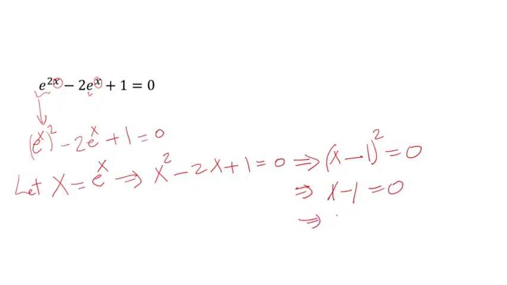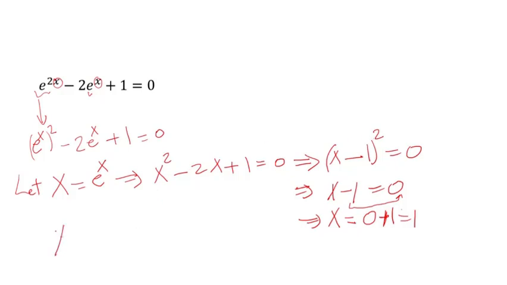You just move minus 1 to the other side by changing its sign. So X equals 0 plus 1, which is basically equal to 1.